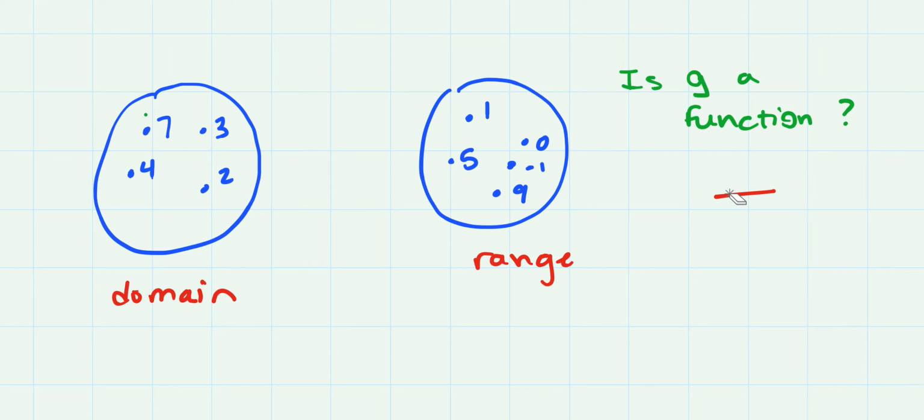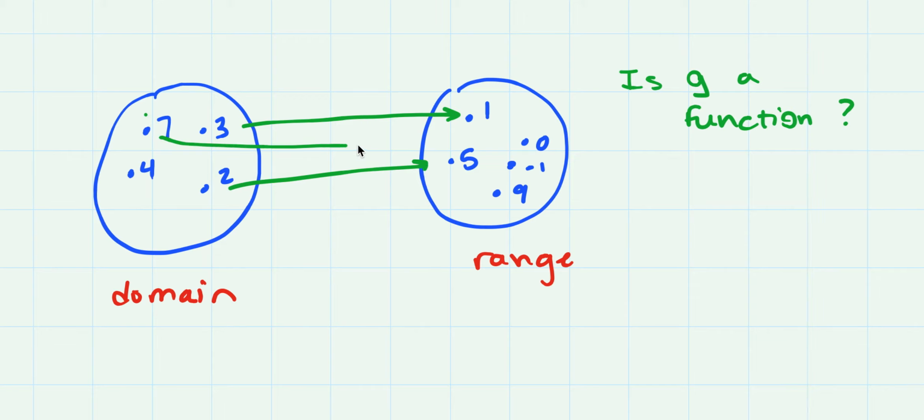Let's define g a different way. Let's say we send 3 to 1, 2 to 5, 7 to 0, and 4 to 9. And let's call this g, and let's figure out if it's a function or not. So is this a function?